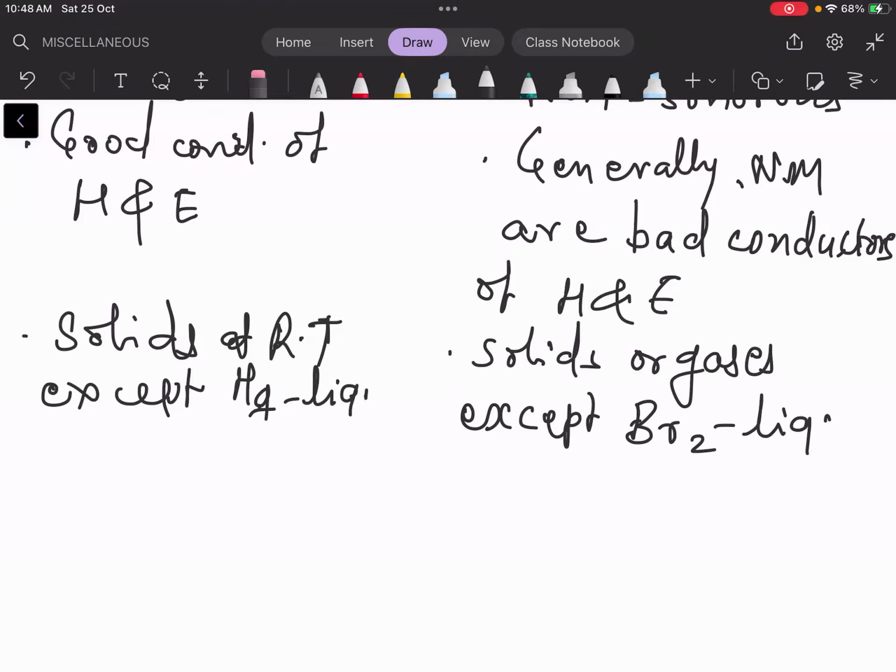Likewise, they have different tendencies. So we'll study chemical reactions or chemical properties of metals and non-metals.